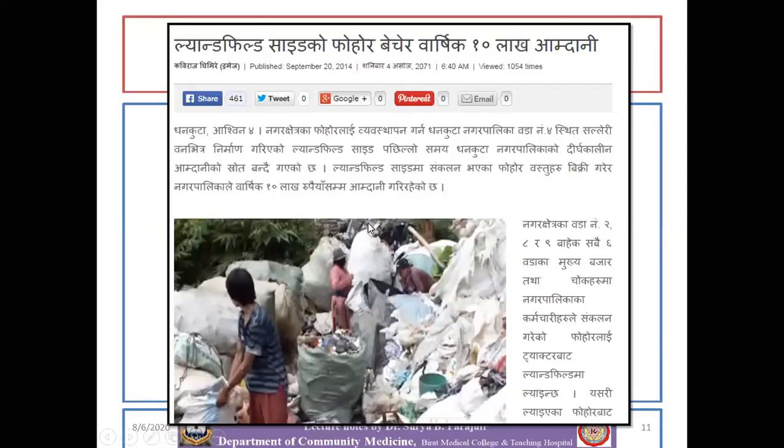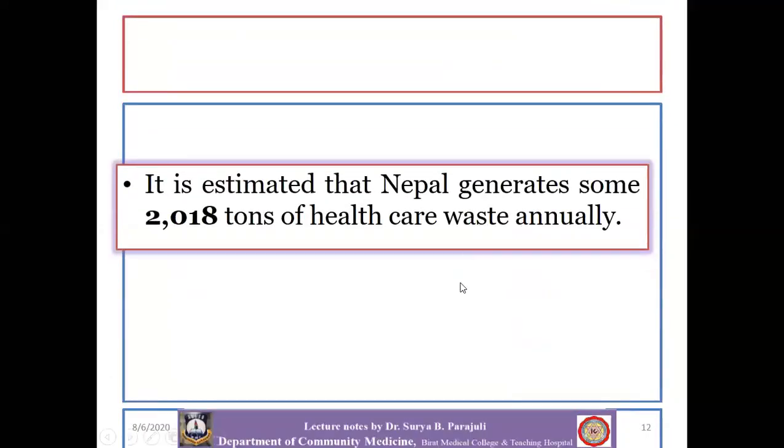These are some of the research and projects of programs in our nearby municipality in Nepal. Fine. And you can see one data related to the amount of waste generation. It is estimated that Nepal generates some 2018 tons of healthcare waste annually.